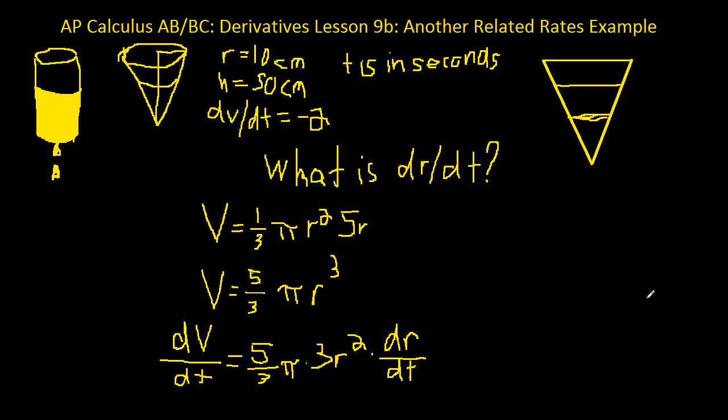Now, because this problem's asking us for dr/dt, we should move this stuff over to this side so that we can get dr/dt by itself. But first I want to point out that we have a division by 3 and a multiplication by 3 here, so we can just cancel these out. So we're left with 5 pi r squared on this side. Whoops, went off the screen there.